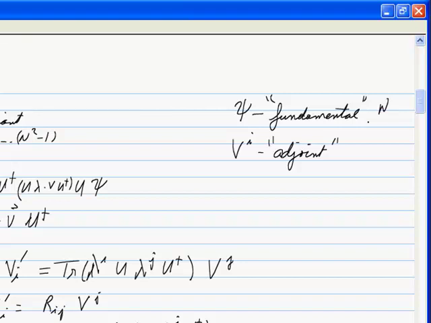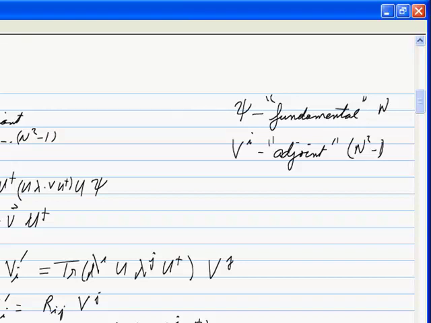Okay, so one's n dimensional, the other is n² − 1 dimensional. So you can do this for any n and take n to infinity if you want. Okay, that's my group theory.